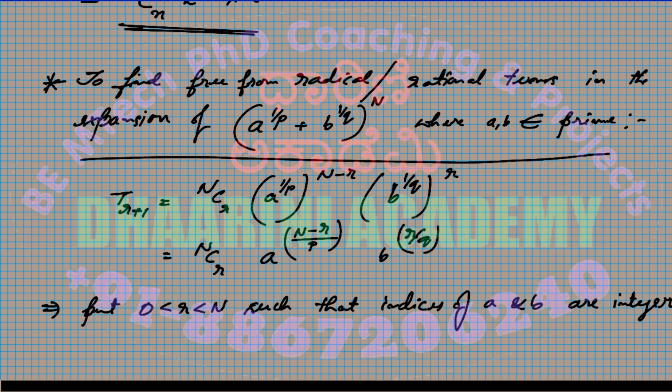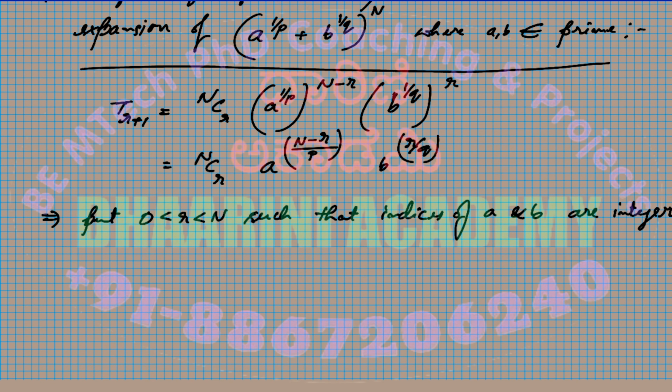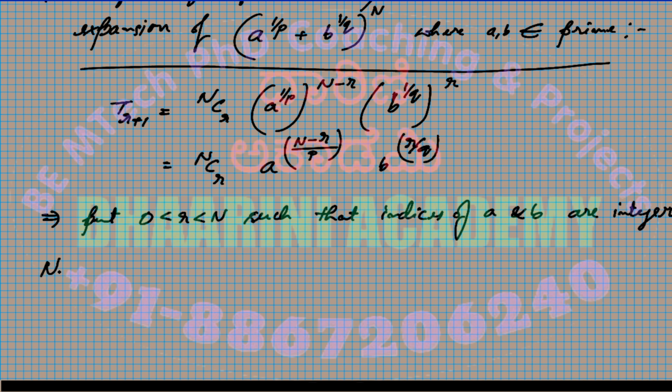That is the solution. So to find the free from radical or rational terms means expand this and find out those values of r in such a way that the indices of a and b will become integers, right? So we will note some points here. This is important.